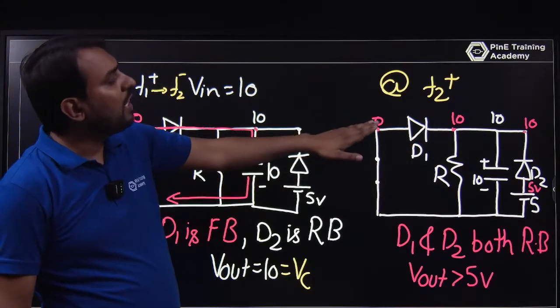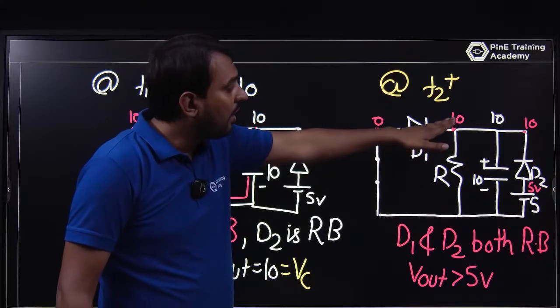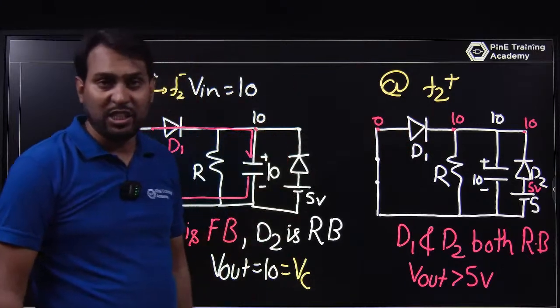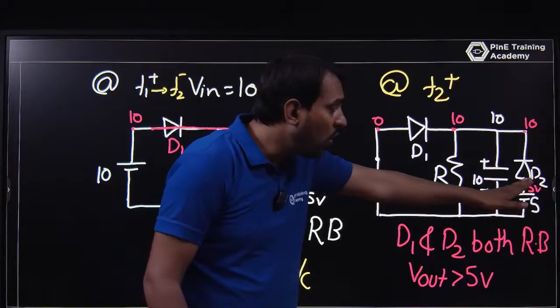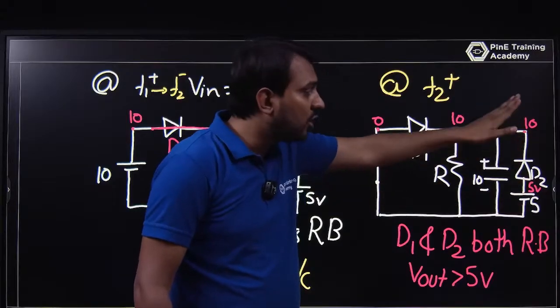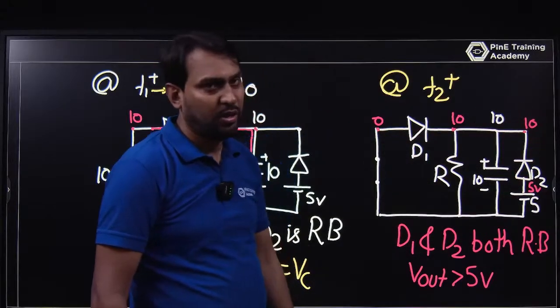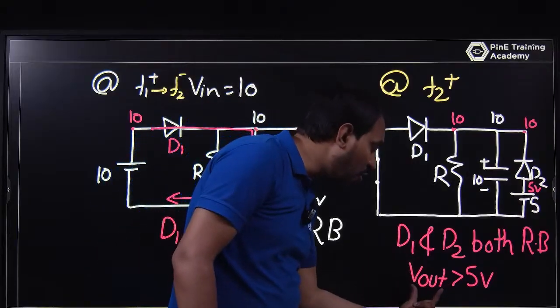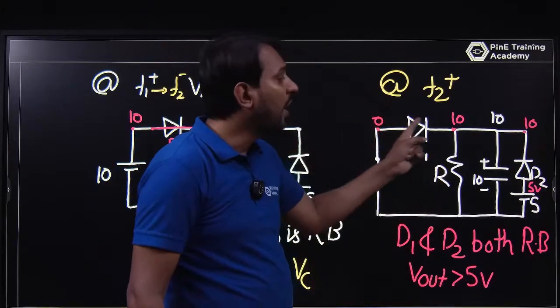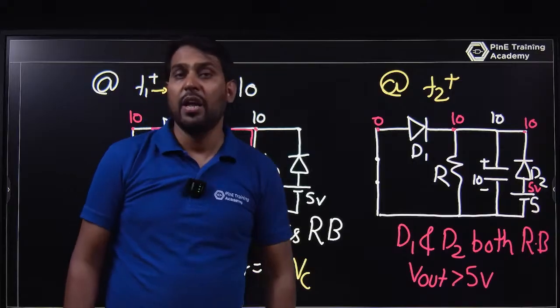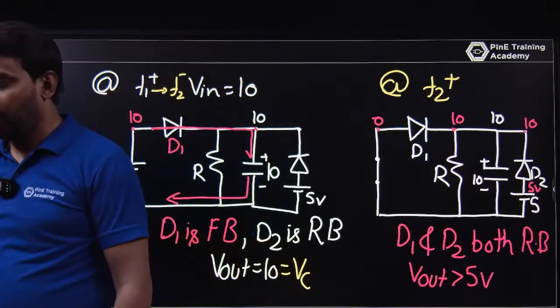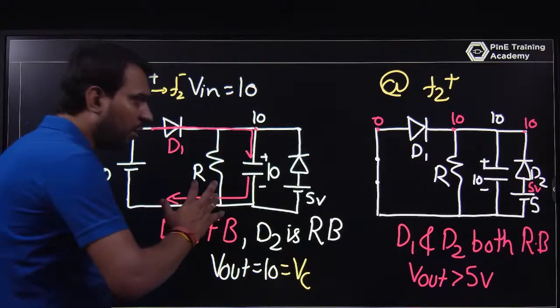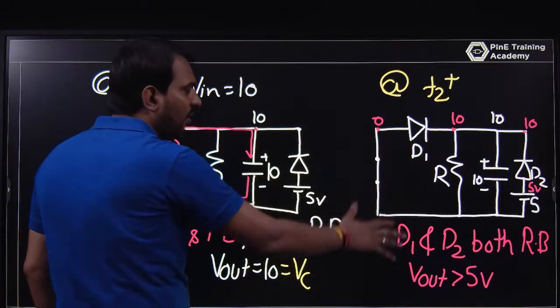D1 will remain reverse biased till it is not less than 0. But D2 can be forward biased only if VC is less than 5. So I am writing: if Vout or VC is greater than 5 volt, D1 and D2 both remain in reverse bias. Okay. Once you go for an interview, you can make that waveform in one line.